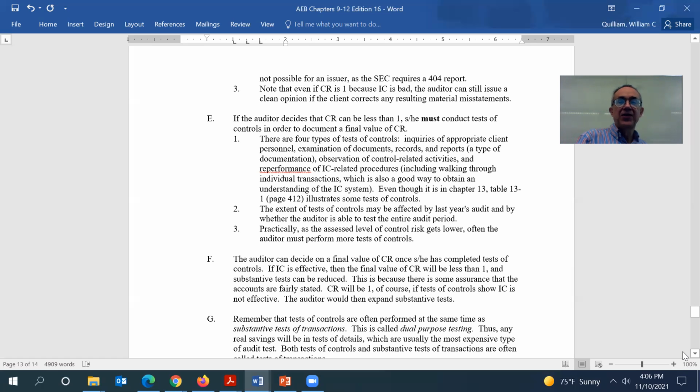And there are 4 types of test controls. Inquiries of appropriate client personnel, inspection of documents, records and reports, observation of control-related activities, and reperformance of internal control-related procedures, including walking through individual transactions. It's also a good way to obtain an understanding of the internal control system.